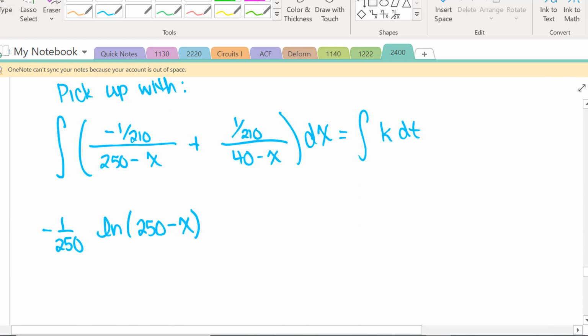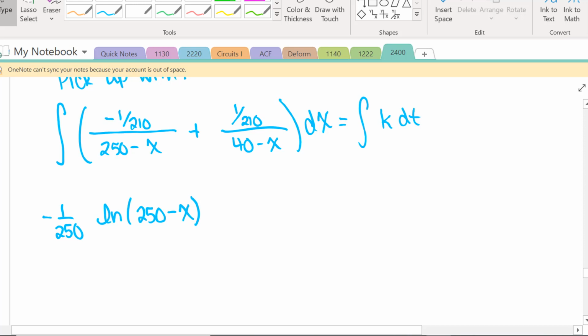So we're only going to be able to make 40 grams of C when we're all done. So the biggest X will be 40. So 250 minus 40, that's positive. We don't have to worry about it being negative, so I don't need absolute value. Plus 1 over 210. Oh, I'm not done with that. Sorry.